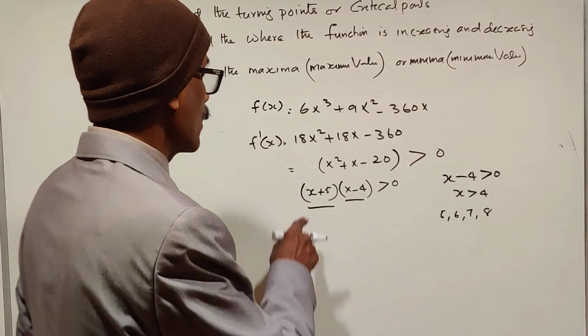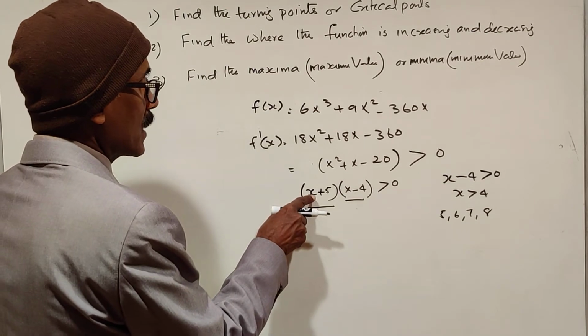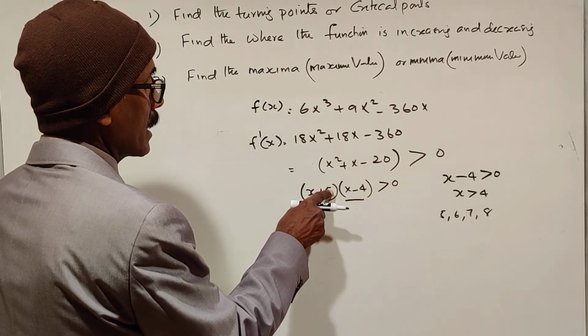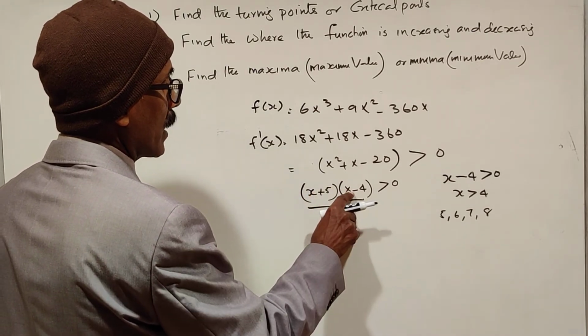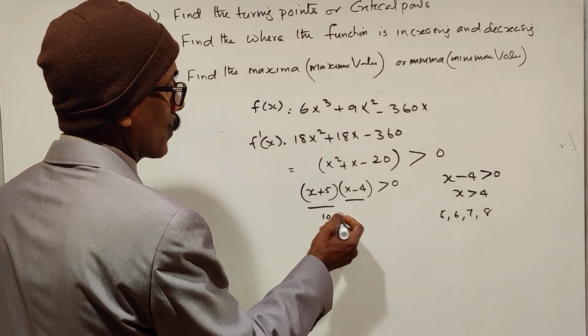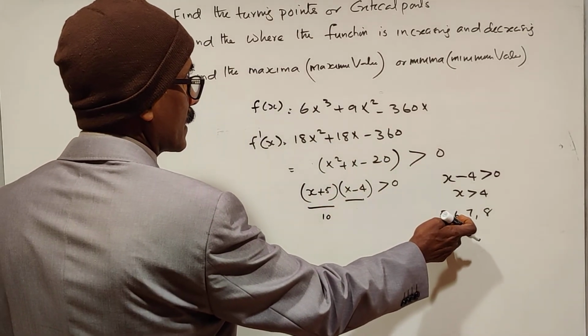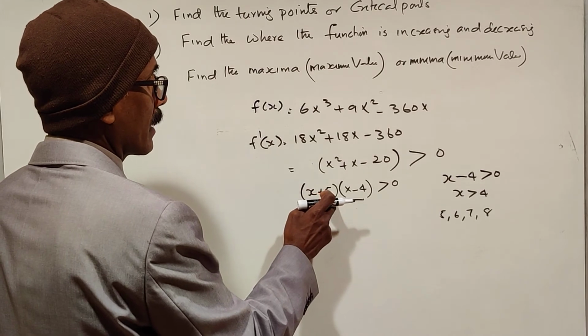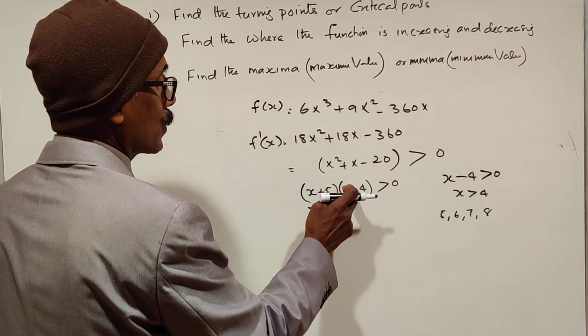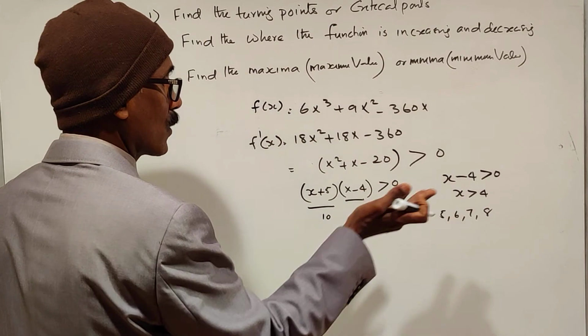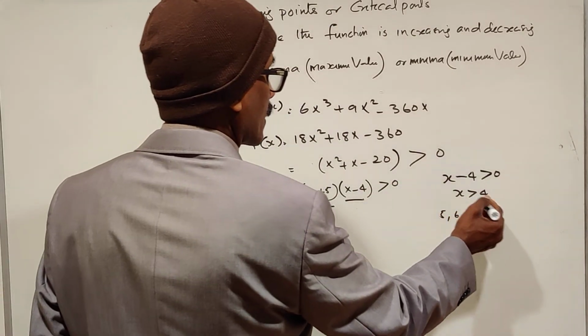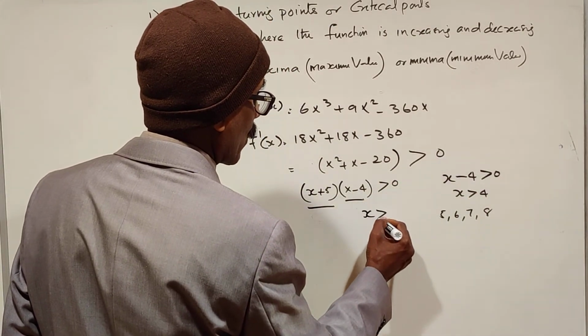Just substitute those values here. When x is 5, 5 plus 5 is 10, and 5 minus 4 is 1. So positive, correct. When x is 6, 6 plus 5 is 11, times 6 minus 4, which is 2. 11 times 2 is also positive. So this one is correct. That is, x is greater than 4.